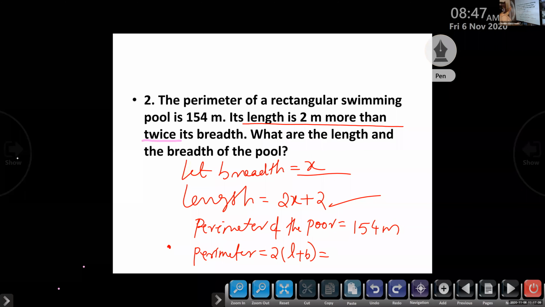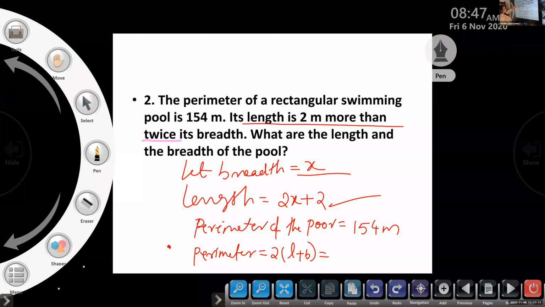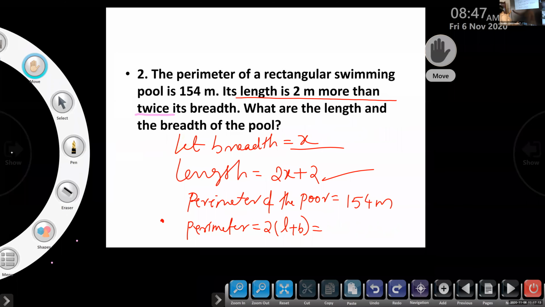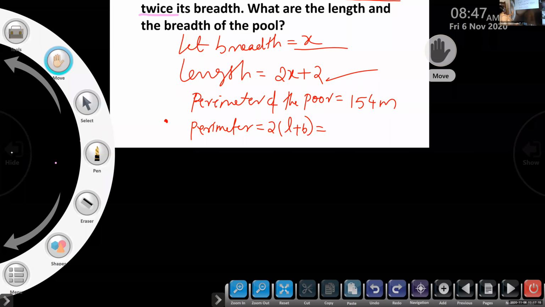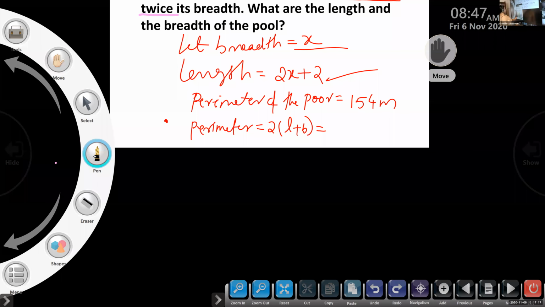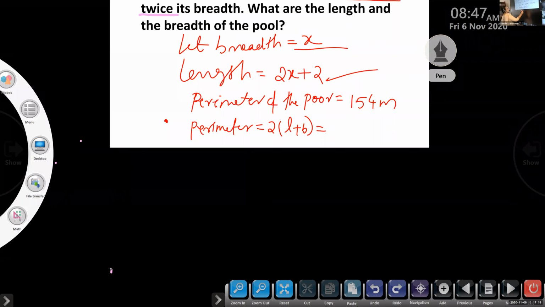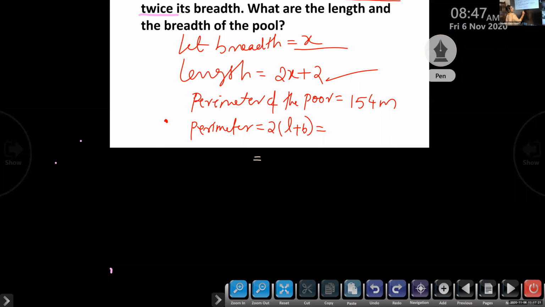So it is equal to 2 into L plus B, that is equal to 2 into length 2x plus 2 plus breadth x, and it is equal to 154.